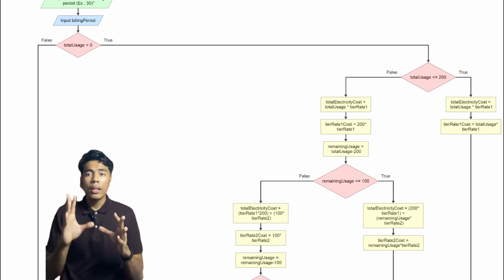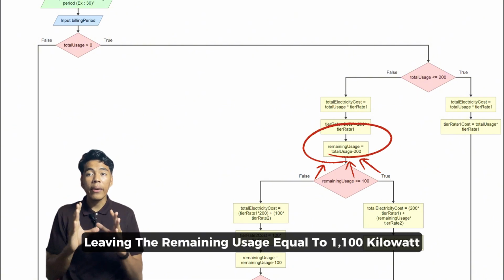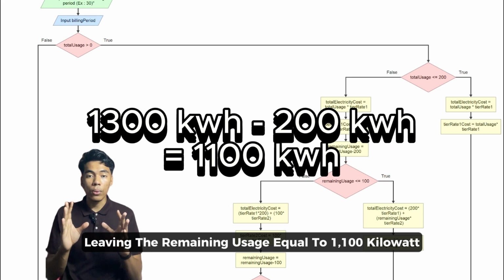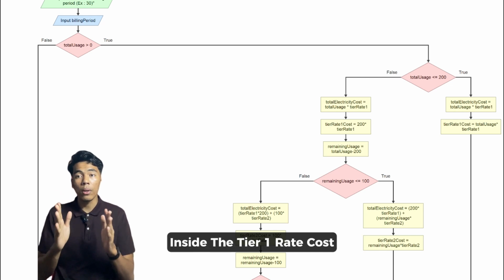After this, 200 kilowatt is subtracted from total usage, leaving the remaining usage equal to 1100 kilowatt. And the system will save the tier 1 cost inside the tier rate 1 cost.